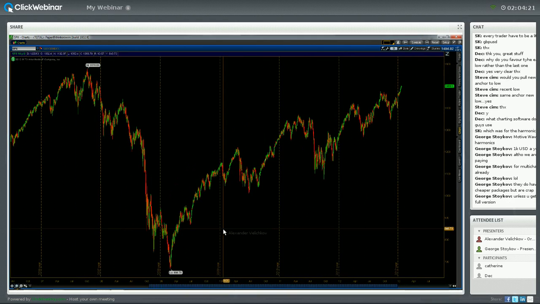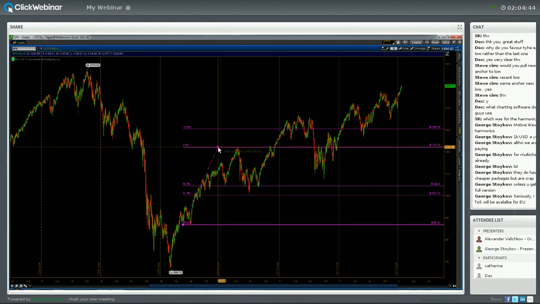Okay, so since 2008, the low at this 666.79, as you can see, this is what we have as price data. The origination of all our retracements and basically the whole upside in the S&P is from an anchor of the 868 to this high.